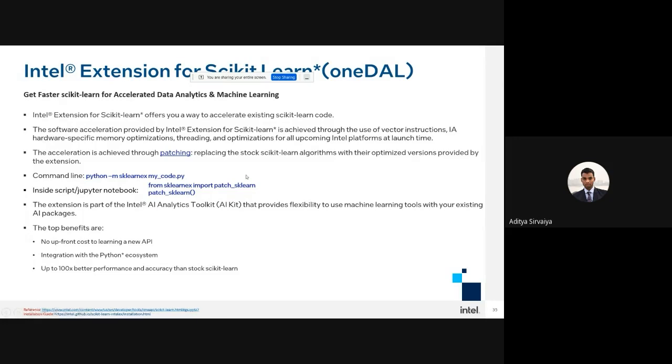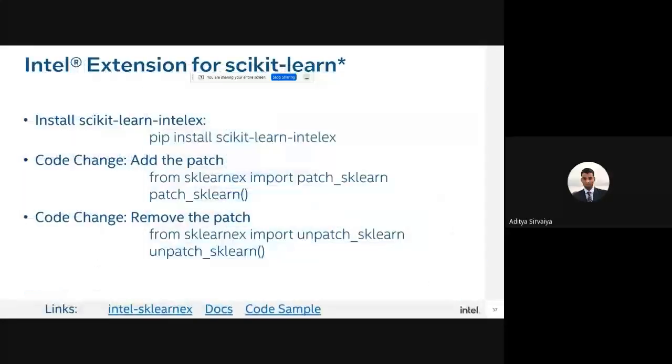Now, how you can apply the Intel extension on top of scikit-learn, that is the point. For that, we need to install Intel extension for scikit-learn. For installing, you can just do pip install scikit-learn-intelex. This is a one-line command you just need to add on top of your scikit-learn library.